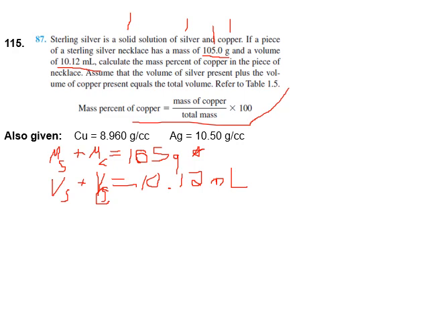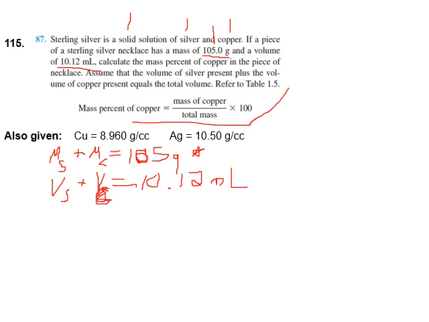The mass of the silver plus the mass of the copper is 105 grams. We could actually do it either way, but let's just do it that way. And also we know that the volume of the silver plus the volume of the copper is 10.12 milliliters.